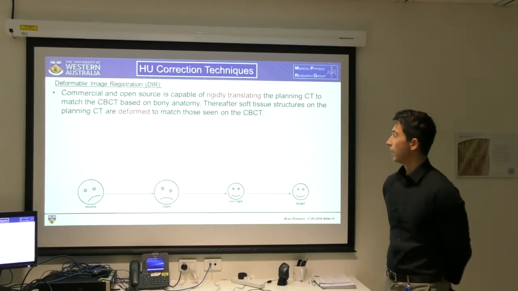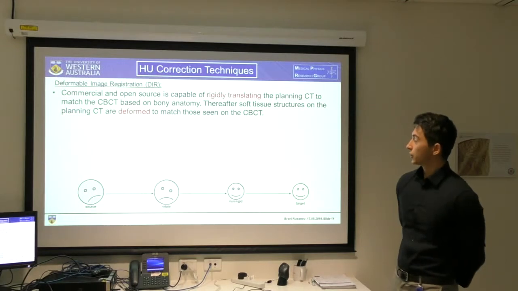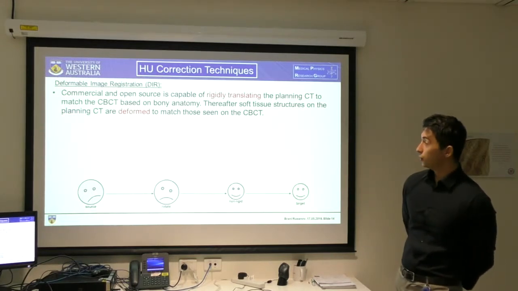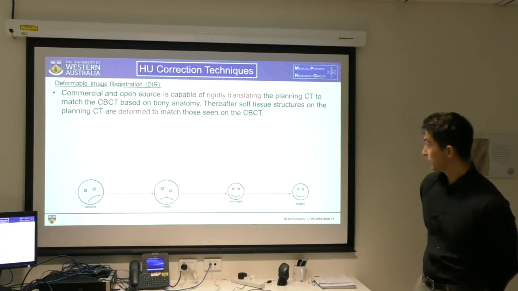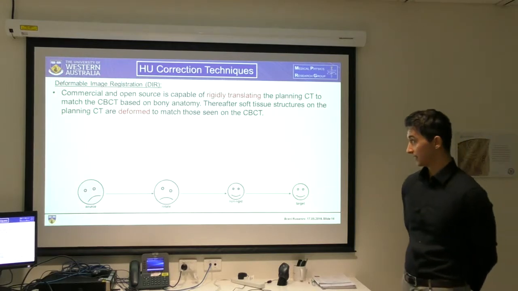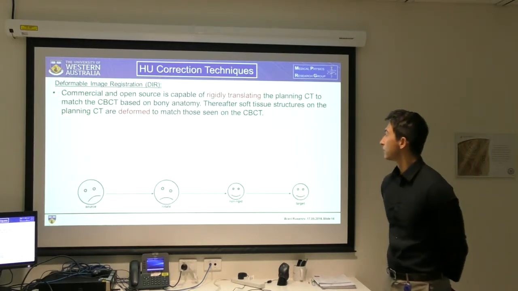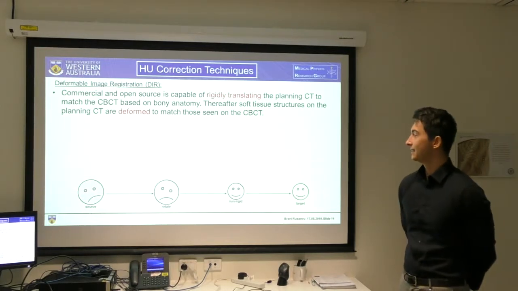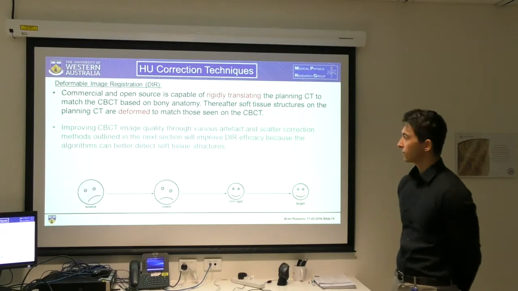Another method for correcting or improving the CBCT image quality, in this case, you're actually using the initial planning CT and using deformable image registration by first rigidly translating the planning CT to match the CBCT based on bony anatomy, and thereafter soft tissue structures on the planning CT are deformed to match those seen on the CBCT.